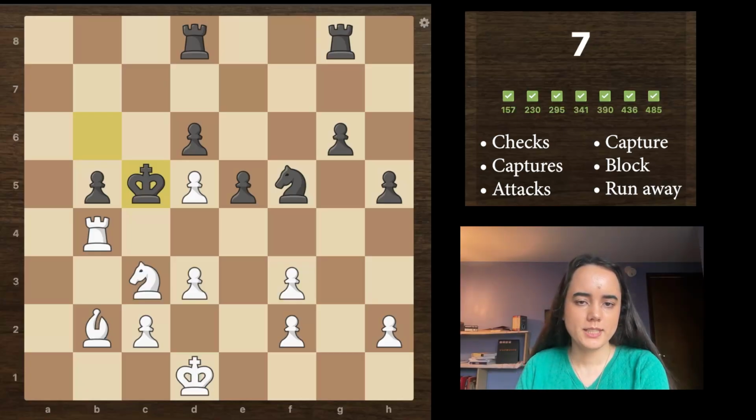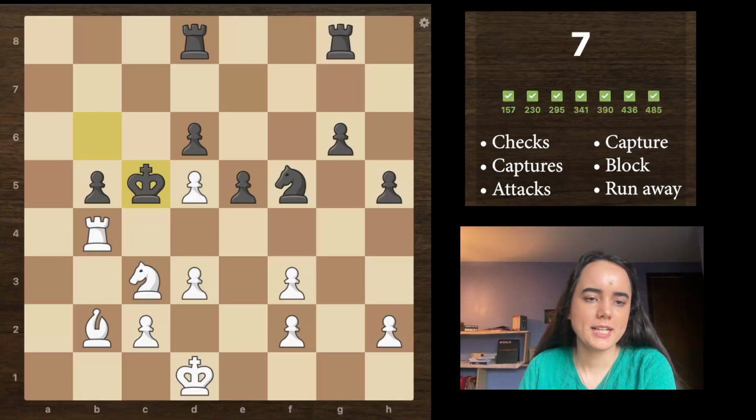All right, so let's look at checks. Can we find all the checks? We've got this check, this check, this check, and that looks like all the checks. So these two rook checks, it looks like he just takes the rook. This check, he just takes the rook.